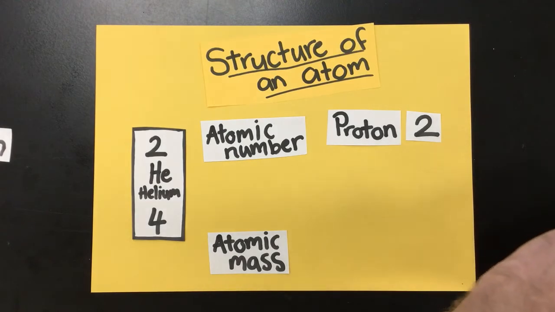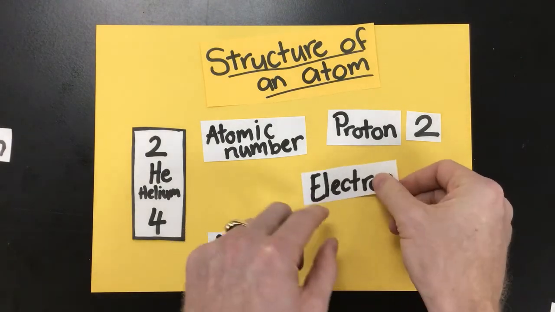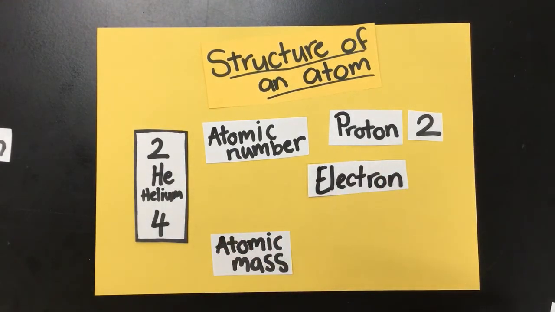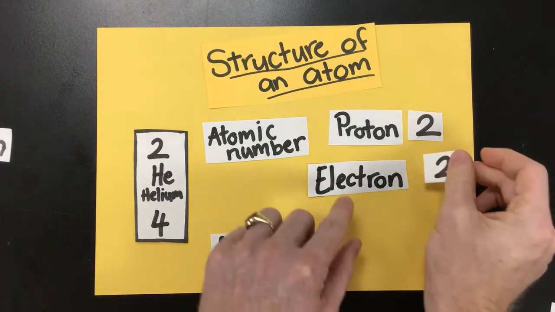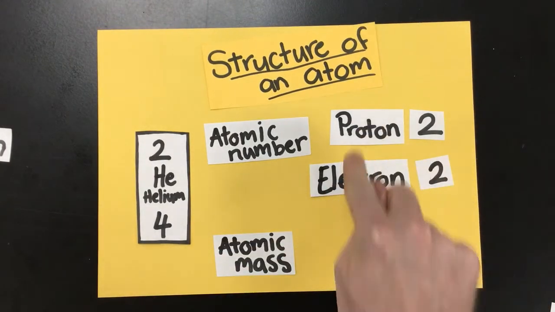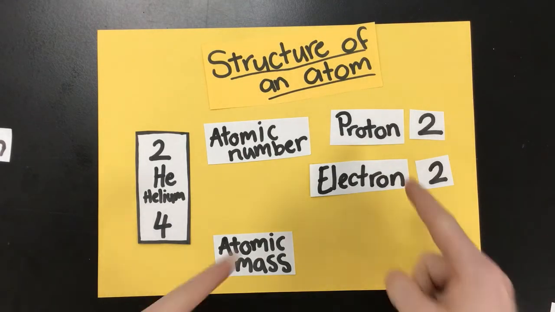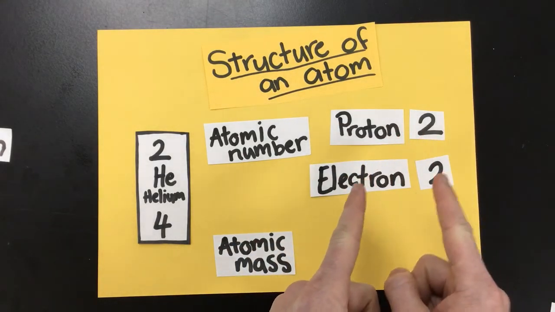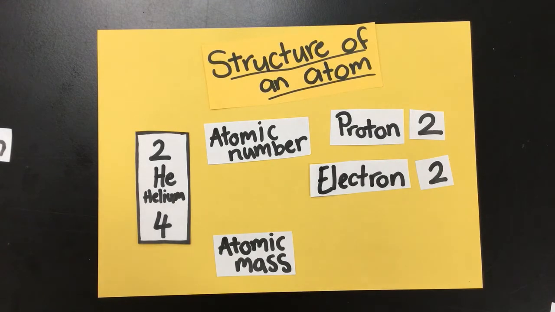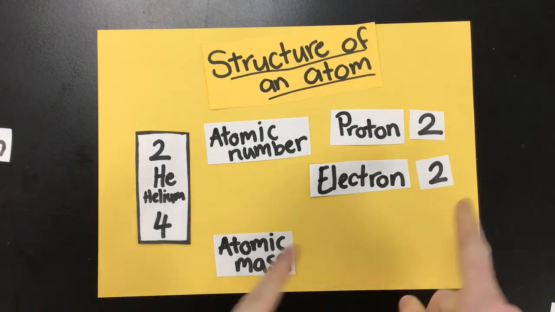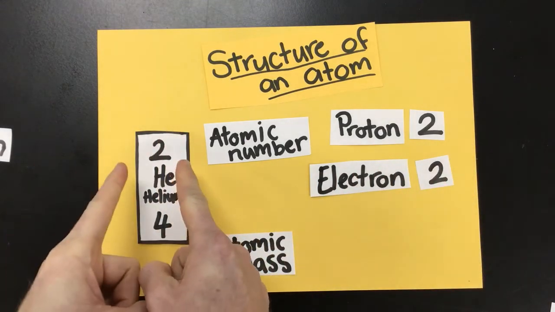In the case of my electrons, I would also be allowed 2. Remember that we have to have an even amount of players on the field, otherwise it's unfair. So my protons and my electrons have to be the same amount, and they all relate to my atomic number.